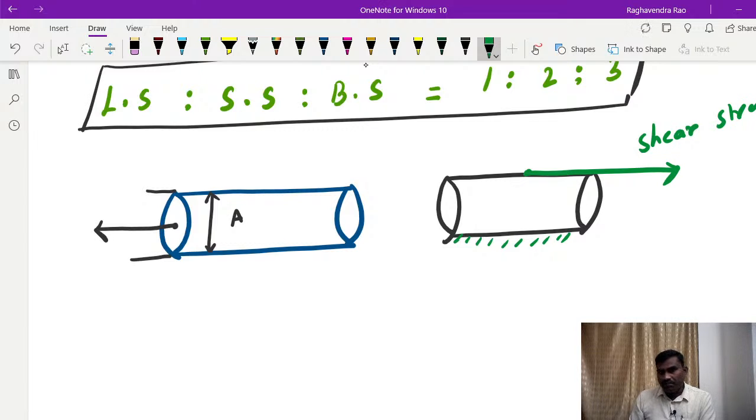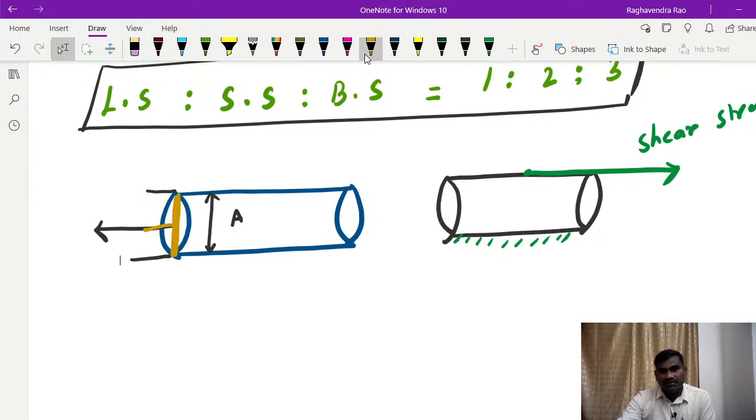Parallel or tangential to the surface, that is called shear stress. So shear stress is the cause for the change in shape of the body. Here, in this case, this is the area of cross section, a flat surface. Now this is the normal. Along this normal, if you apply stress, that is called normal stress.